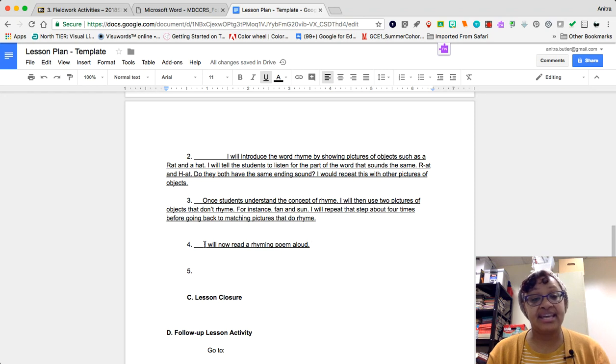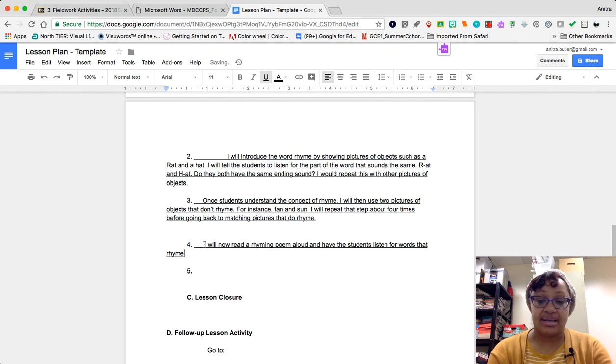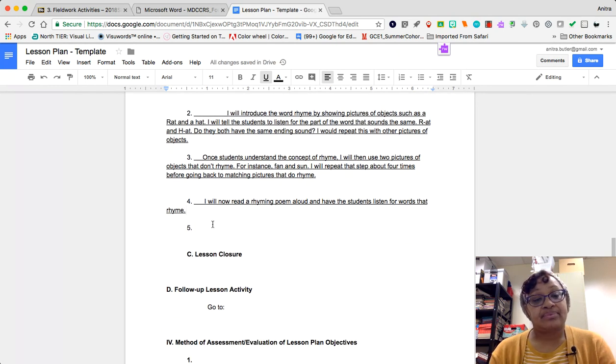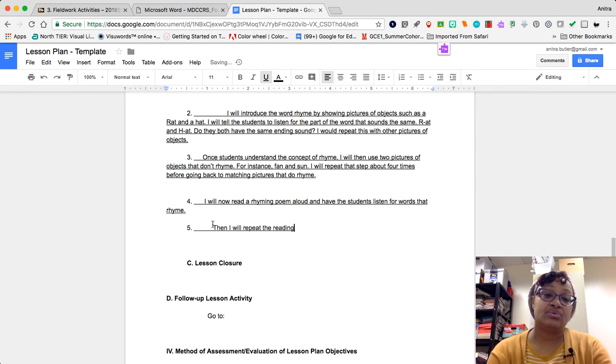But if the kids can't see the words, you just read the rhyming poem aloud and have the students listen for words that rhyme. Then I will repeat the reading of the poem and locate the rhyming words in the poem for these students.